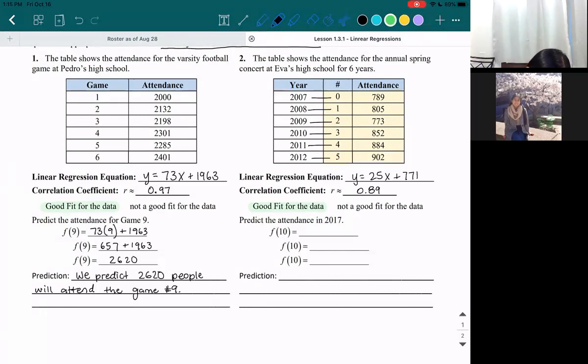If we go up to 2013, that should be 6. 2014, that should be 7. 2018, that should be 8. Wait, how did I jump that?